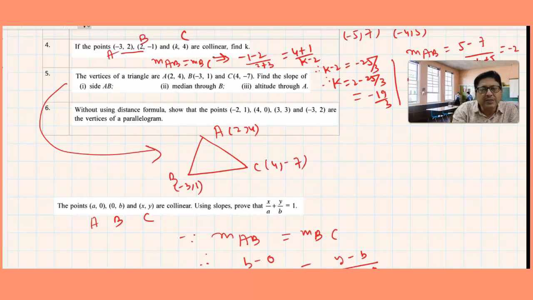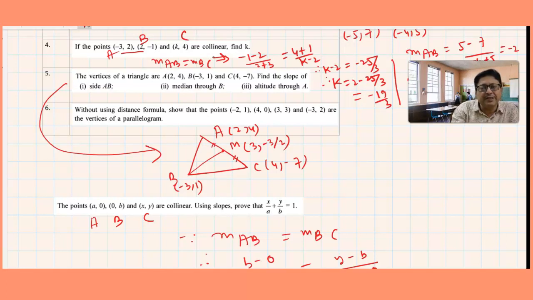They have asked you to find slope of the line joining B to the midpoint of AC. You take this one M. So this midpoint you can find easily. 4 plus 2 by 2, that is 3, and minus 7 plus 1 by 2, that is minus 3 by 2.